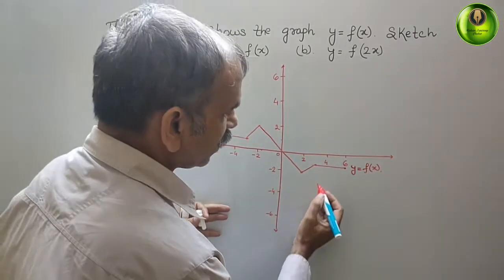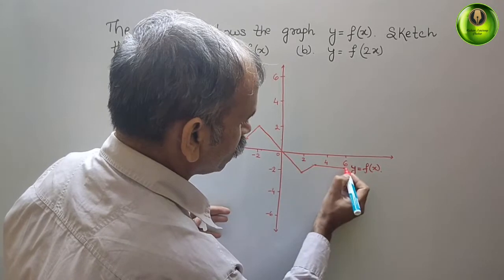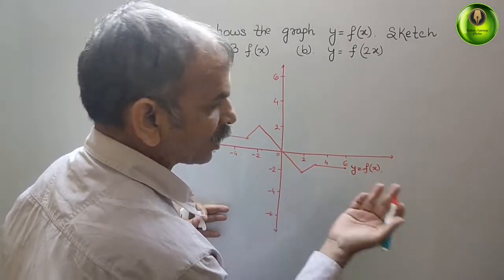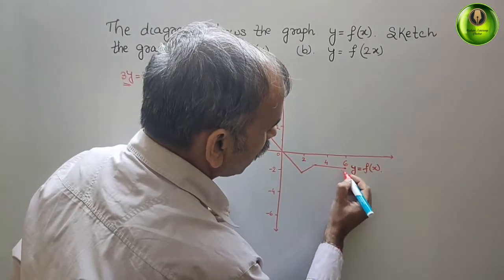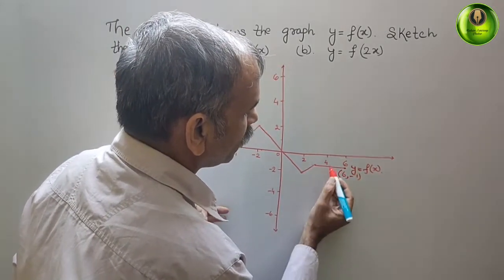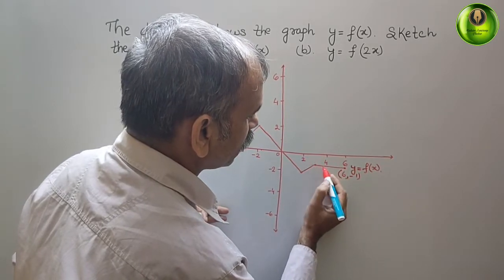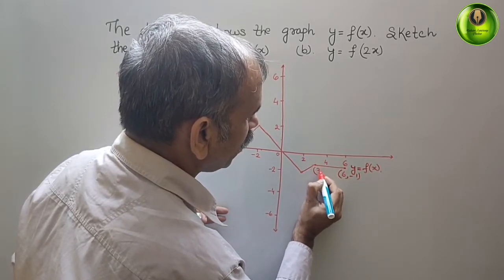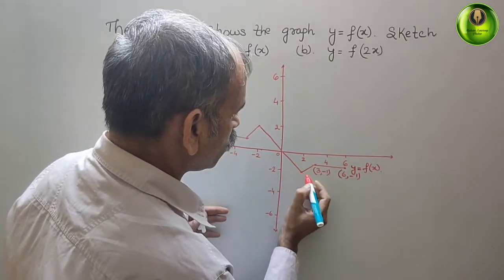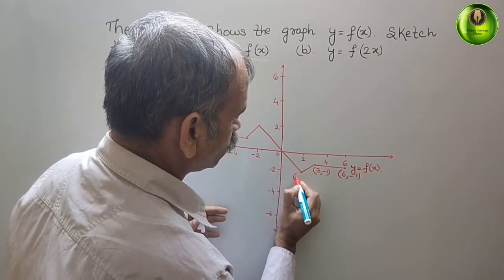You can see this coordinate is 6 comma minus 1. So we will write here 6 comma minus 1. Here this is your 3 comma minus 1. This is your 2 comma minus 2.